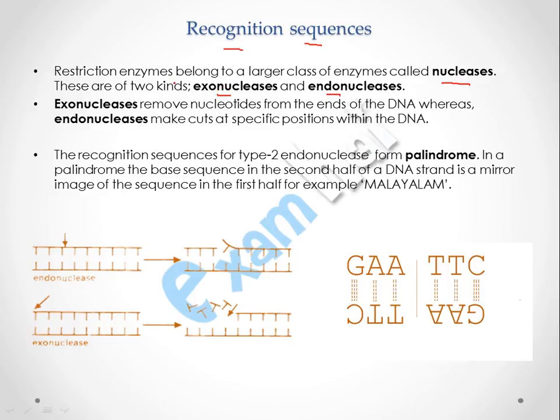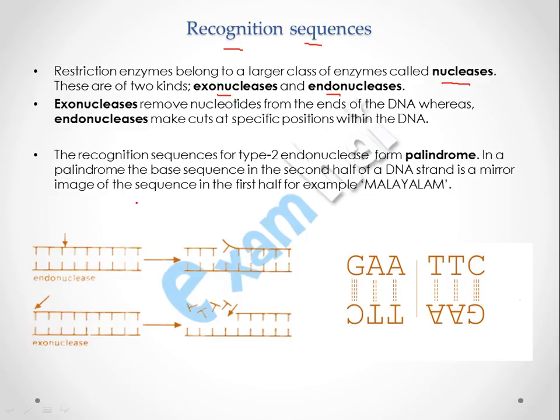These restriction enzymes cut the recognition sequence which they find inside the DNA. They recognize that particular pattern and then cut from there so that the DNA of interest can be inserted into it.